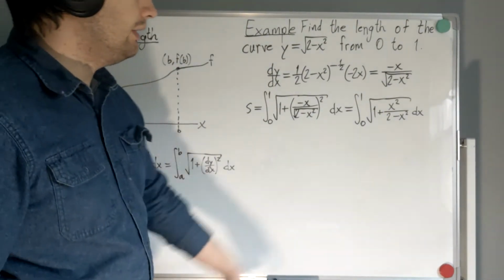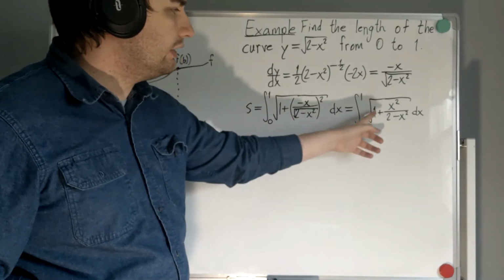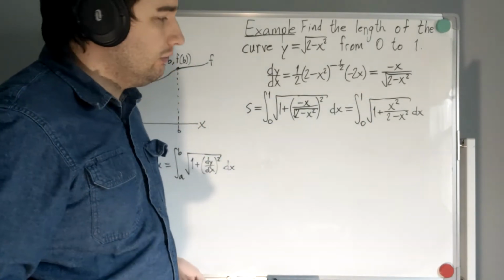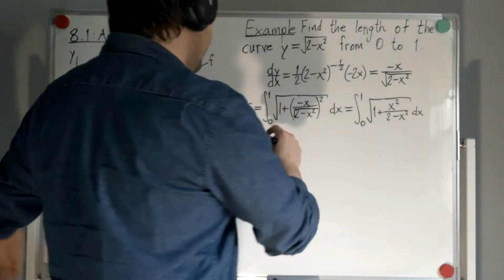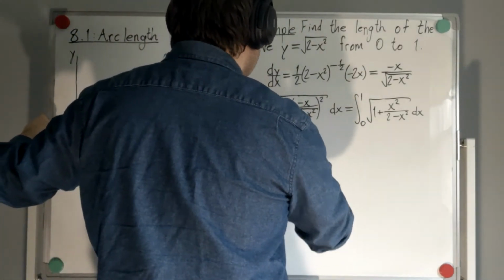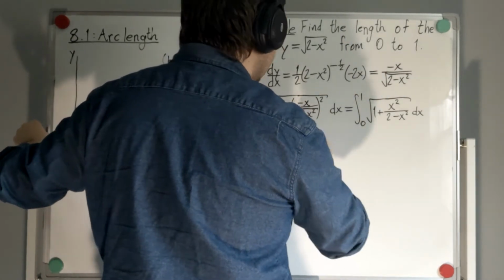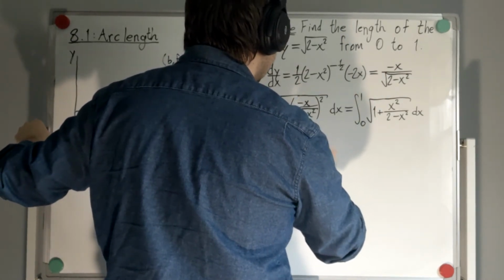You can find a common denominator between these two. You can write 1 as (2 minus x squared) over (2 minus x squared). When you do that, you can just add the numerators together so that this becomes the integral from 0 to 1 of the square root of 2 over 2 minus x squared.